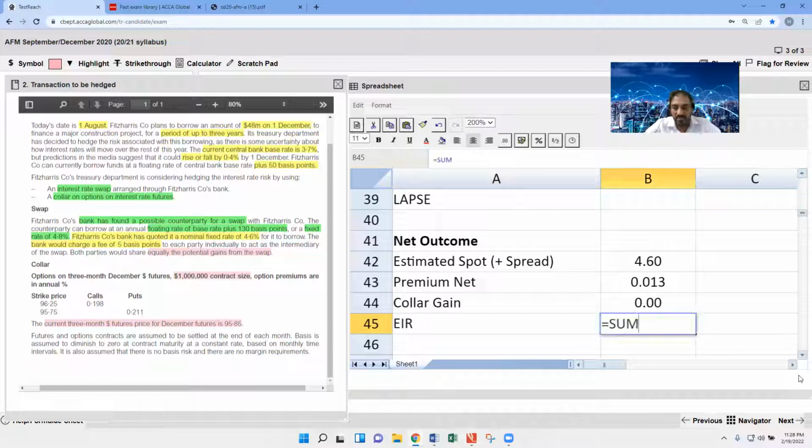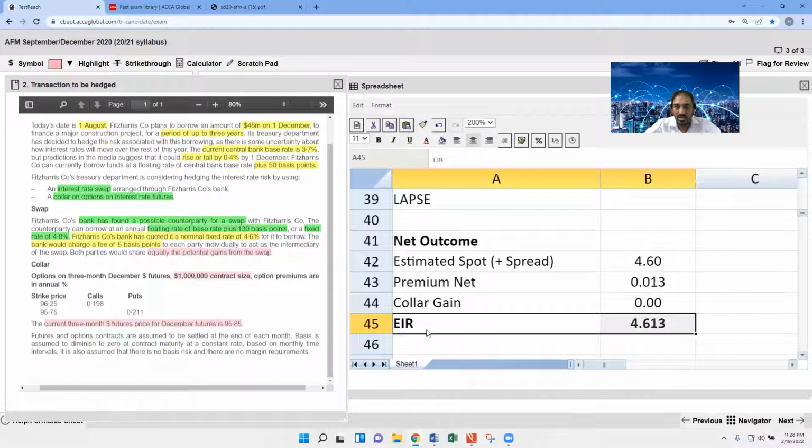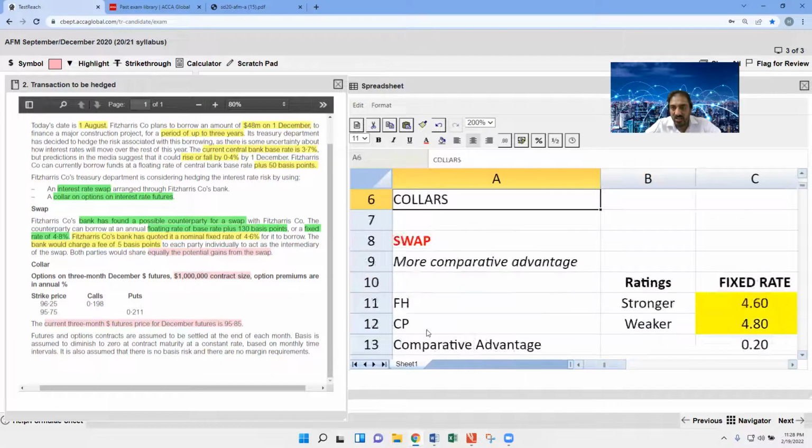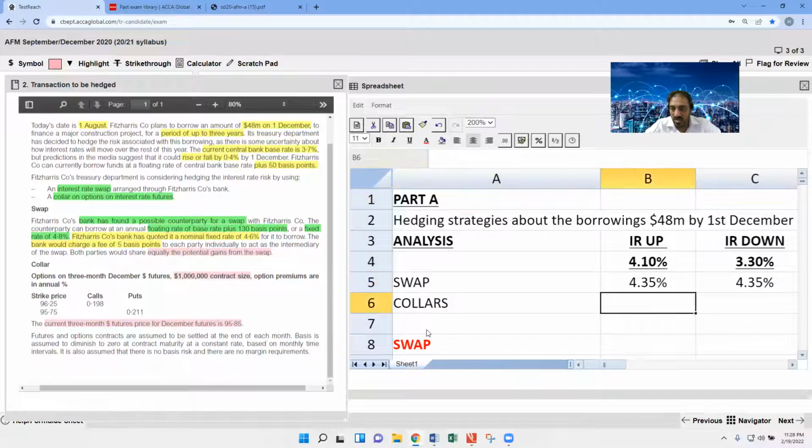It is equal to the sum: 4.6 plus 0.013, that is 4.613. Collars: 4.613.